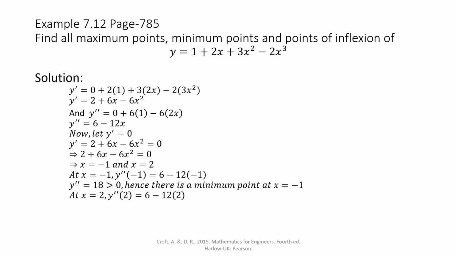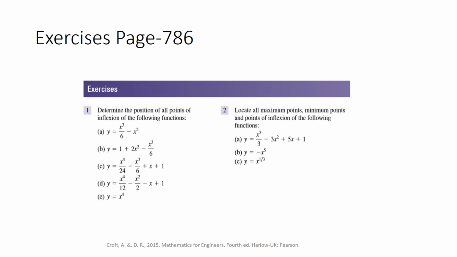And at x equals 2, the second order derivative is negative. Negative means it's concave down, and concave down refers to a maximum point.